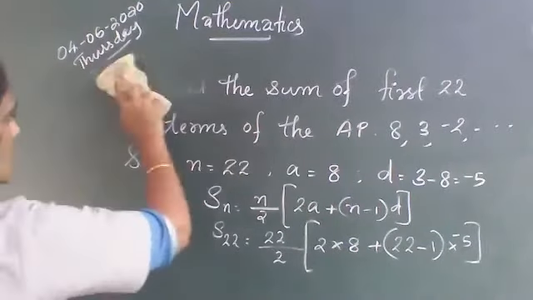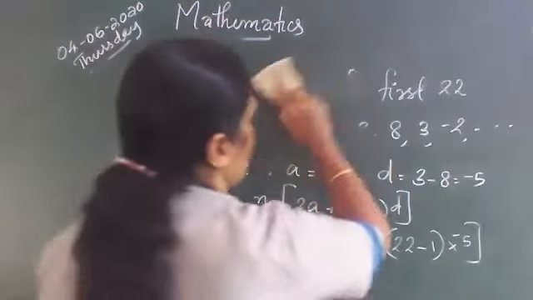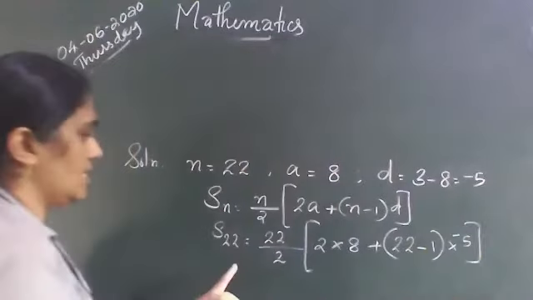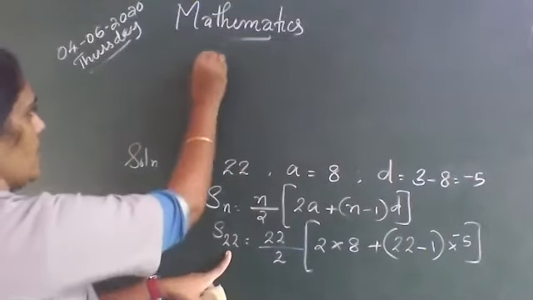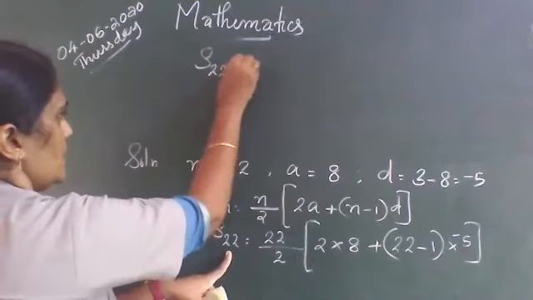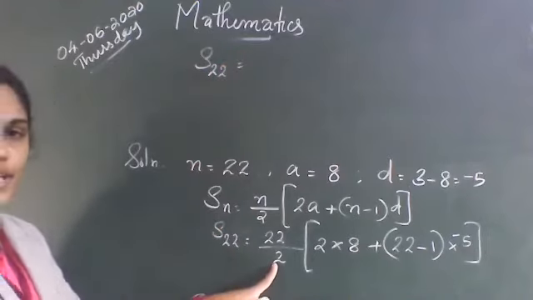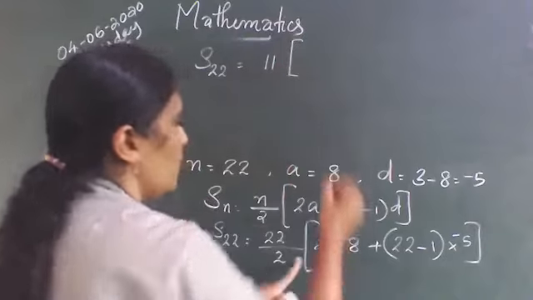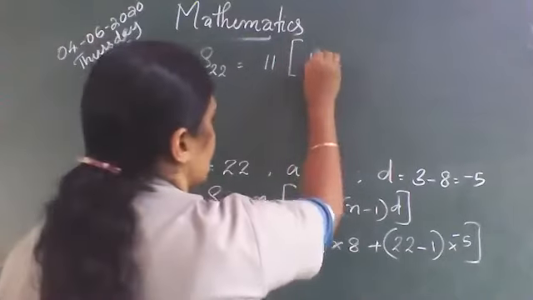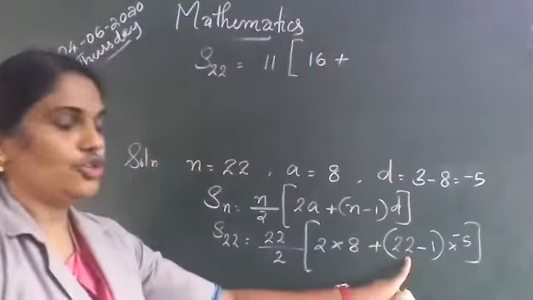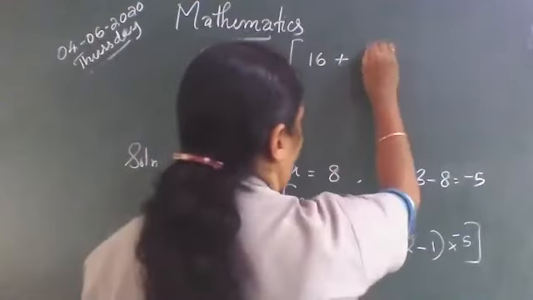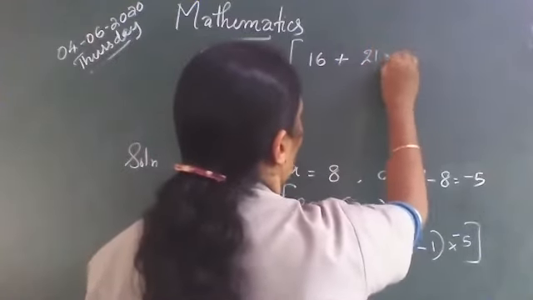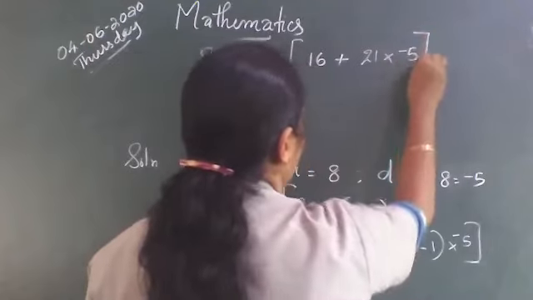Okay, next. S22 is equal to 22 by 2, which is 11, into 2 into 8, which is 16, plus 22 minus 1, that is 21, into minus 5.